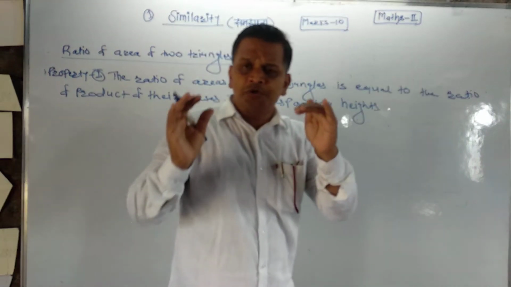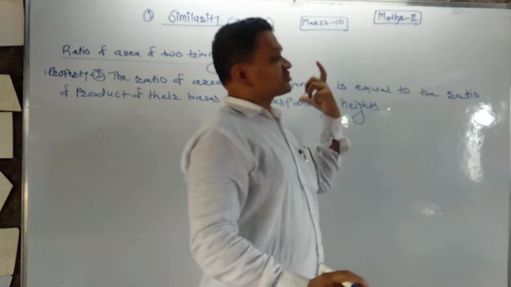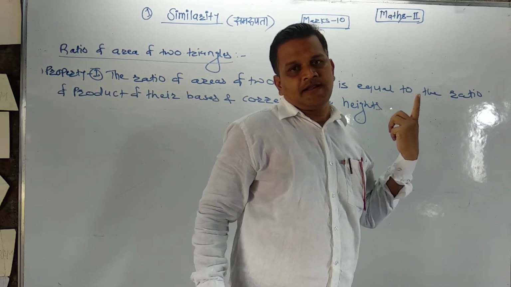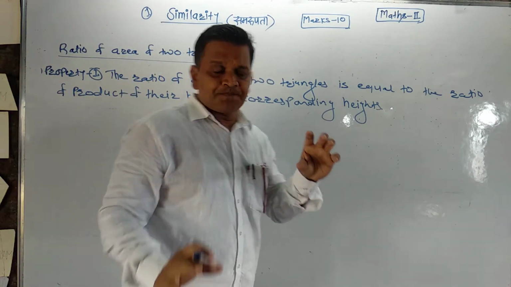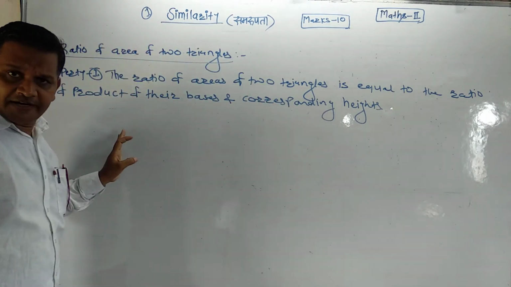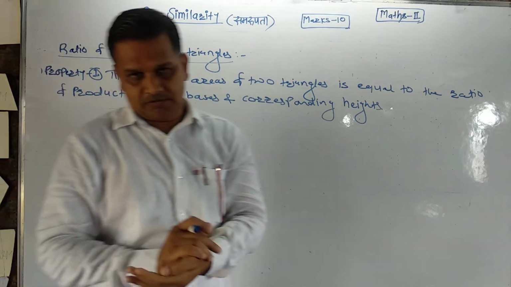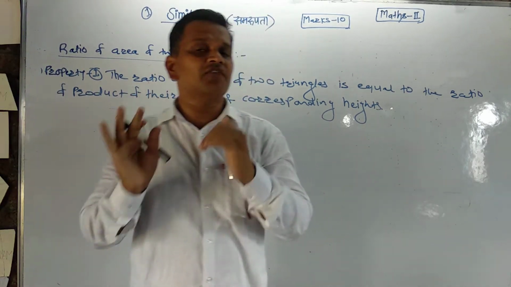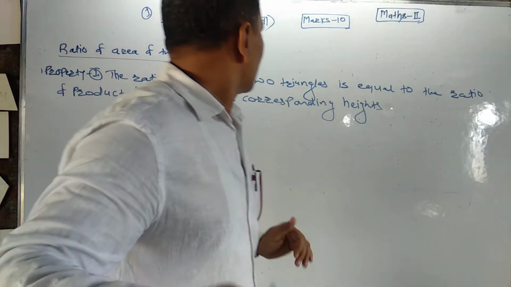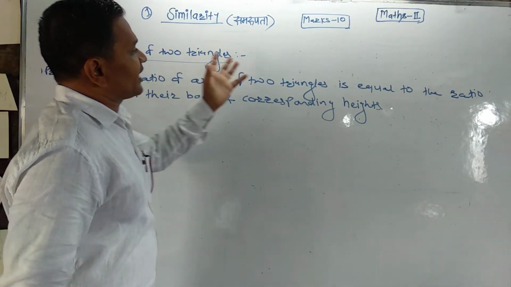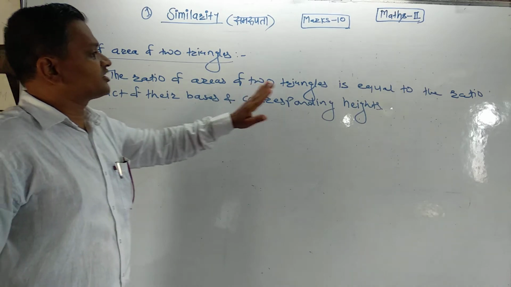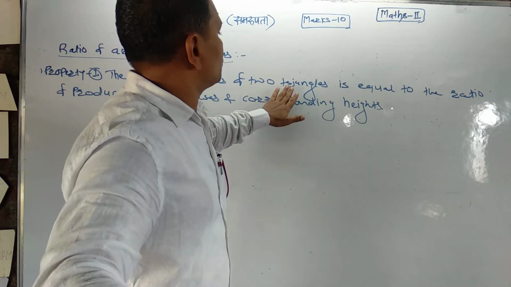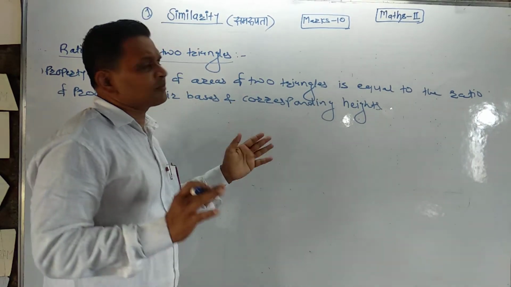Now I am going to write the proof of this statement. For that, we must first read the statement, then draw the figure for it, and then write the given, to prove and proof. Understand? Now, the ratio of areas of two triangles is equal to the ratio of the product of their bases and corresponding heights. What is meant by ratio?